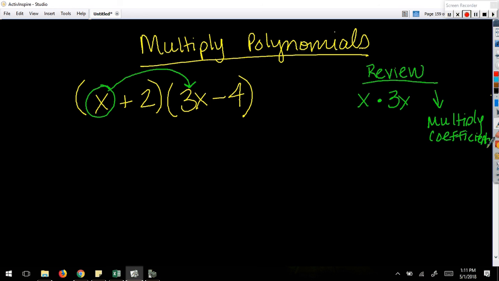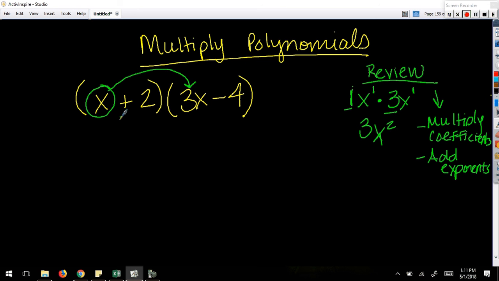We want to multiply the coefficients, and then add those exponents together. Even though it looks like there are no exponents there, remember, if there's no exponent, there's an imaginary, or implied, 1. So I want to multiply the 1 and the 3 together, and add those exponents. So 1 and 1 would be 2. So x times 3x is 3x squared.